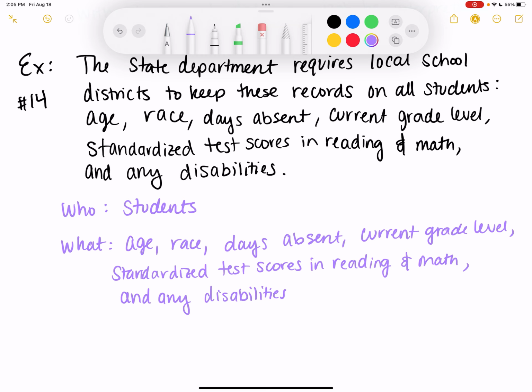How many points would we get taken off if we didn't write the full thing? Well, typically what I do is each of these individual categories is 2 points each, which makes each question about 14 points.